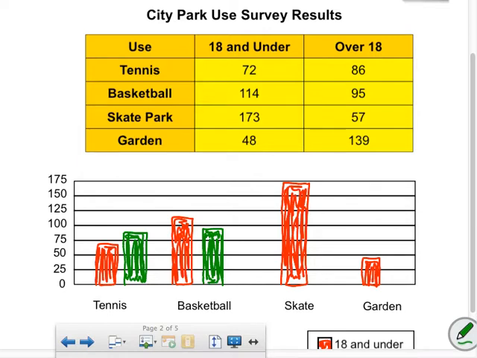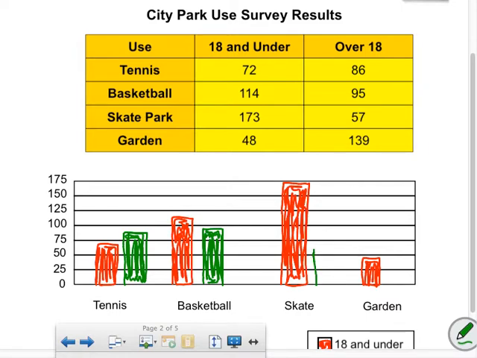And then what about 57? So 57 people wanted a skate park that were over 18. That's between 50 and 75. What was halfway between 50 and 75? 62 and a half, right? So it's going to be a little less than halfway.